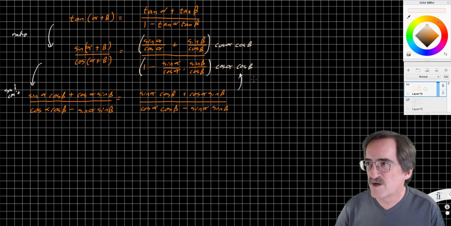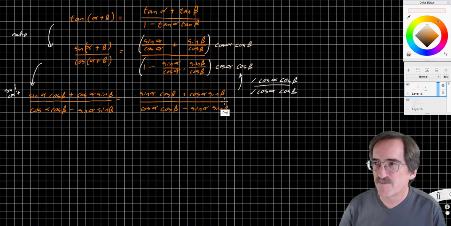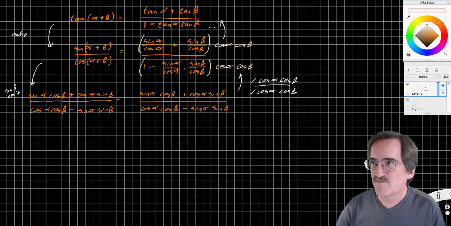Well, we divide top and bottom by cosine alpha, cosine beta, which would not have been obvious unless we'd worked it backwards. So divide by cosine alpha, cosine beta on top and bottom, and you end up with this. And then, of course, going up, you use the ratio identity again.